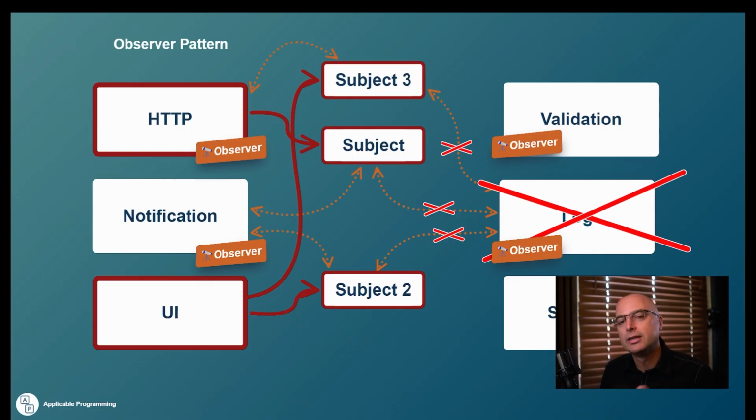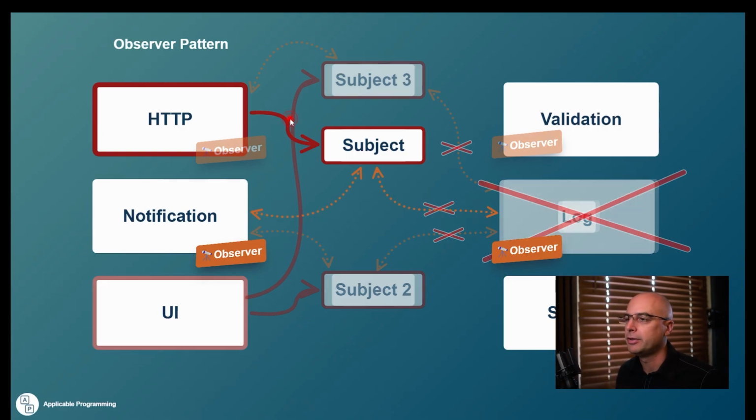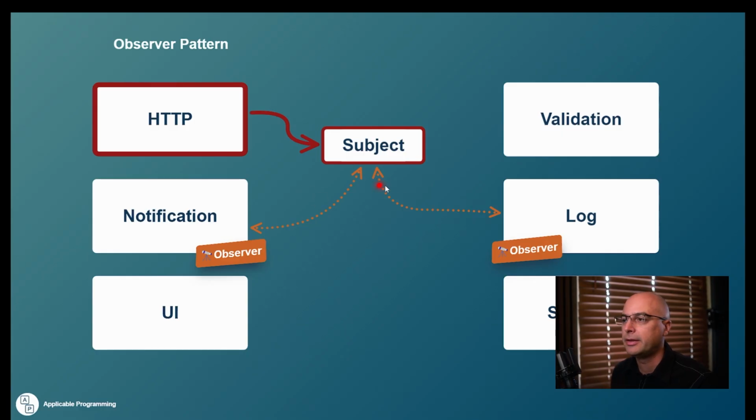So important concepts to remember here are the subject, that actually in this case is HTTP. I have just visually drawn it here outside of this box. I could have just put a label here, but it's a bit difficult to explain what it means. The subject tracks the internal state of the events and then informs all the modules that are interested in those changes that, well, a change has happened, that an event has happened.